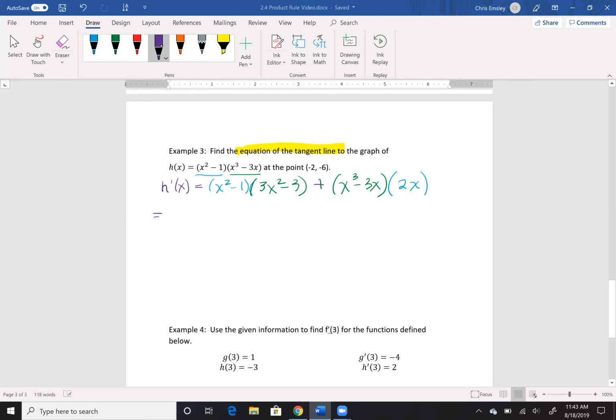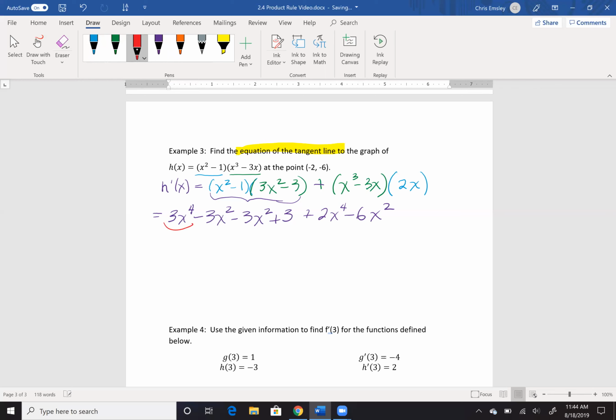I have to be careful when we distribute here, we're actually going to need to FOIL, okay, multiply this out. So we end up with 3x to the 4th minus 3x squared minus 3x squared plus 3. And then distributing here at the end, we get 2x to the 4th minus 6x squared. And then when we want to gather up any like terms, let's see what we have going on here.